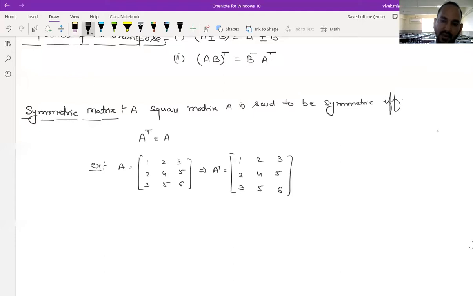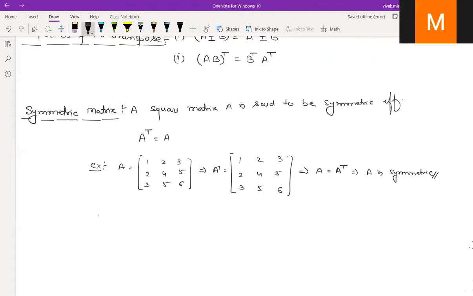And by this you can observe that A is same as A transpose, implies that A is symmetric. Okay, hello? Yes, sir.